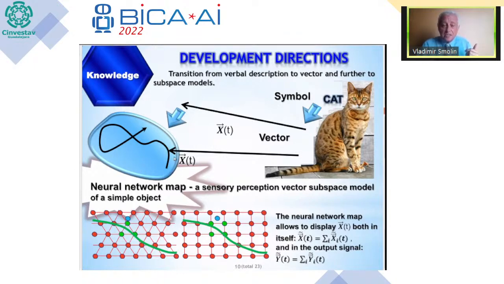Also this subset can be described by a neural network map, and we should just drop a lot of neurons on this subset space. When the input vector is inside this subspace, the neurons that are close to the point, which moves along the curve, should be activated.